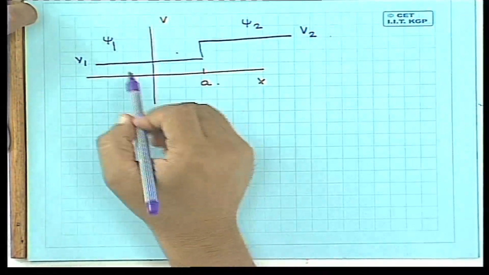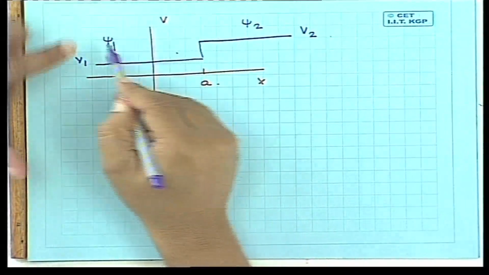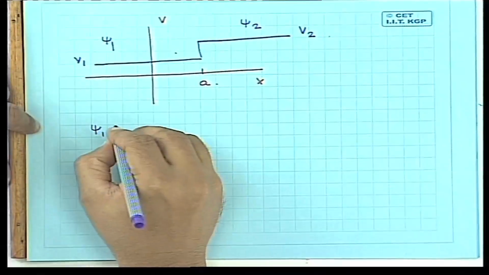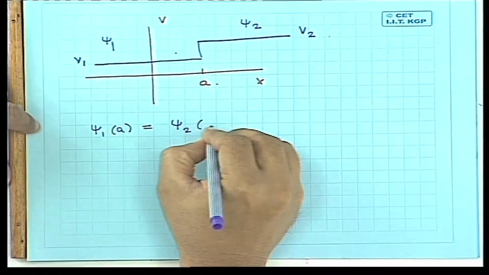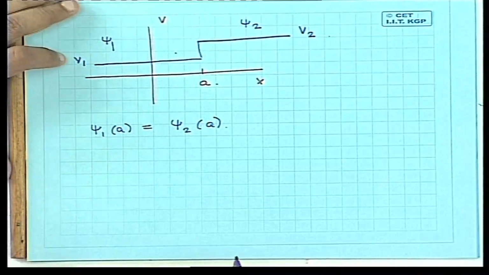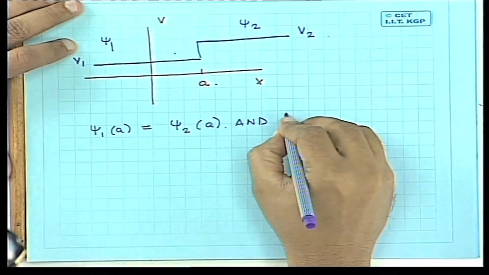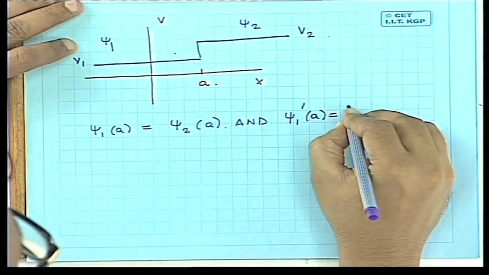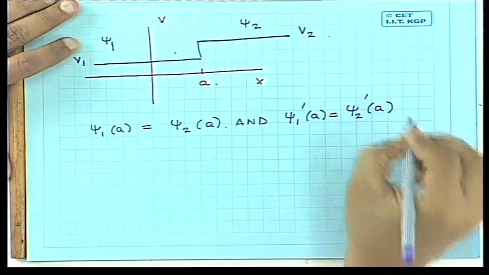So the boundary conditions are psi 1 at the point a should be equal to psi 2 at the point a, and psi 1 prime at the point a should be equal to psi 2 prime at the point a. The derivative should also match.